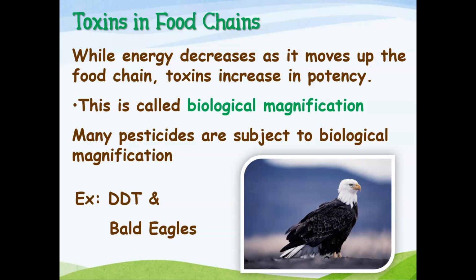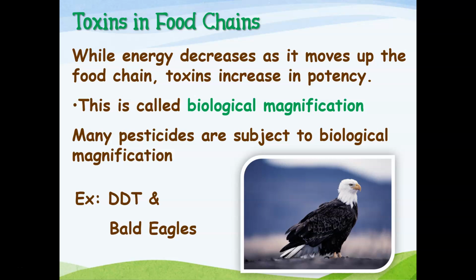So DDT was a pesticide that was historically used back in the 50s, 60s, 70s. And we started seeing these declines in bald eagle populations, and people started going, what's going on? Why is this happening? And it was eventually linked back to excessive DDT use to the point where not only did we just sort of say, okay, let's reduce it.